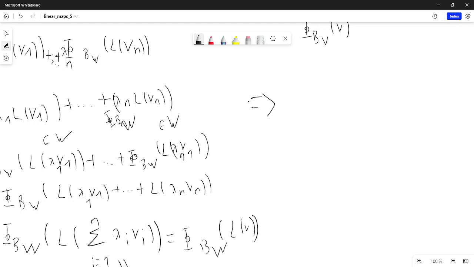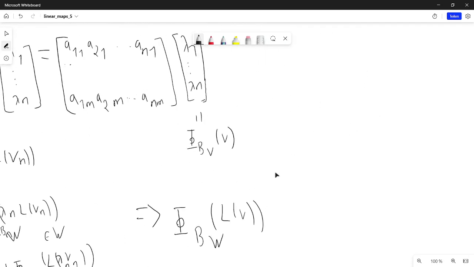What results from that is the following. To compute the coordinates, and not some abstract stuff, of the image of any vector v in V under the map L, we just need its coordinates in its home basis, that is in the basis BV, and we need the coefficients of representation of the images of our vectors in the basis BV with respect to the basis BW in the target space.